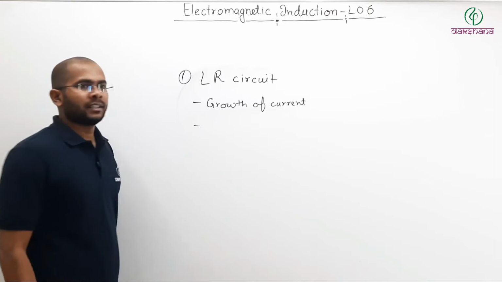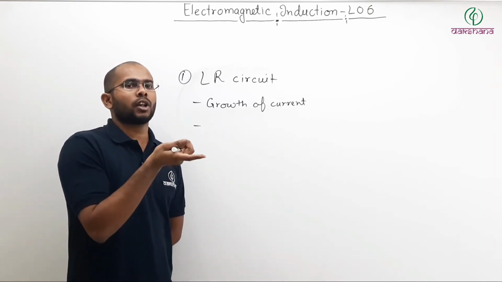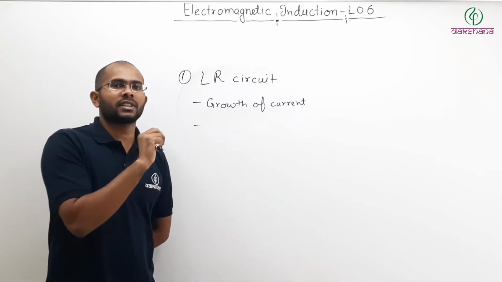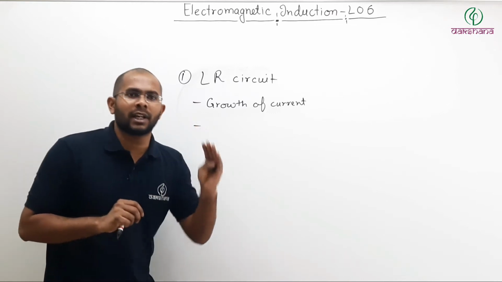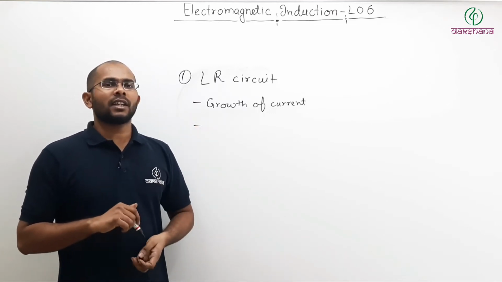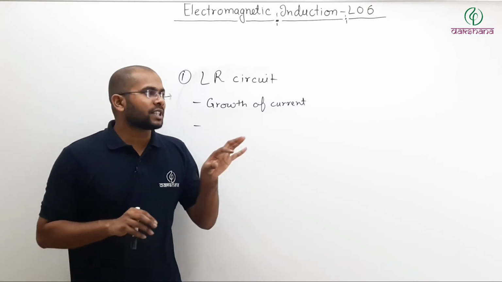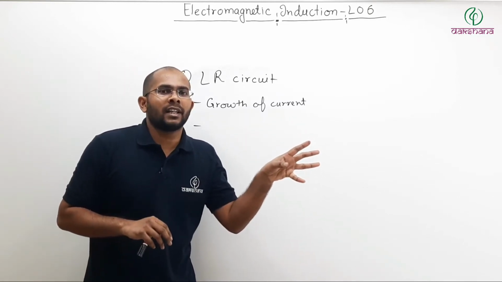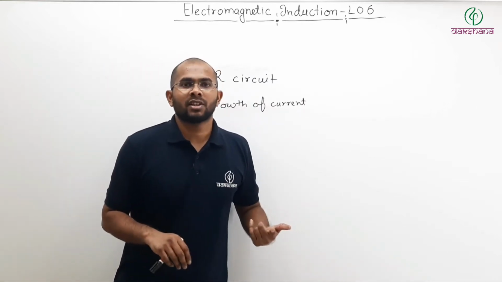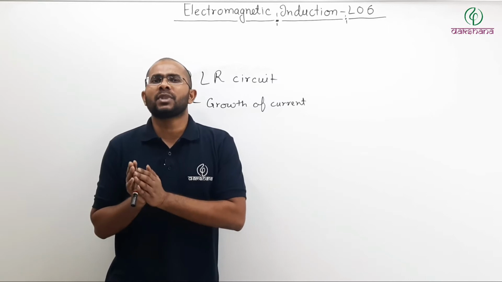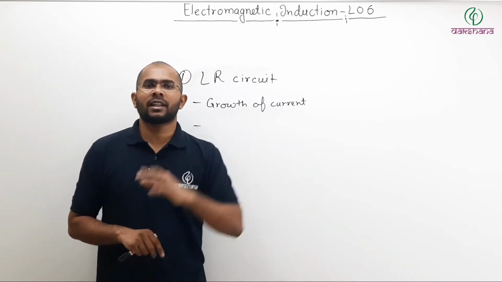And second, suppose the circuit is already switched on, and if I switch it off, then it takes some amount of time for the current to become zero. Current does not immediately become zero. Why? Because when you change the current in a solenoid, according to Lenz's law, it opposes the change. In case there is only a resistor, current will immediately become zero.